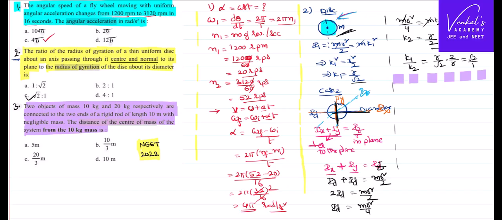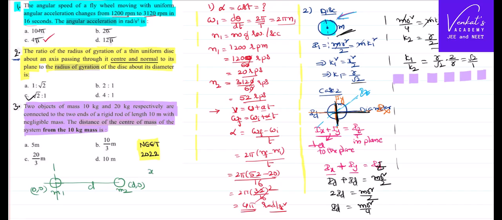It's a very simple question from the center of mass concept. This is m1, this is m2, they are separated by a distance d. You want the distance from m1, so that can be taken as the reference, 0. This distance becomes d.